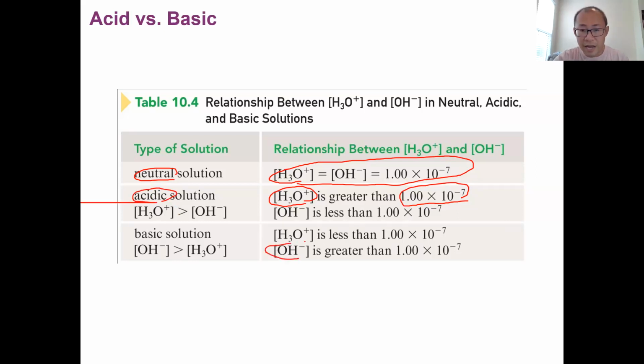When the hydroxide concentration is higher, it must be higher than 10 to negative 7th, we call the solution basic. But keep in mind, no matter whether your solution is neutral, basic, or acidic, you have both species present in that solution. The difference is the relative content of each compared to each other.